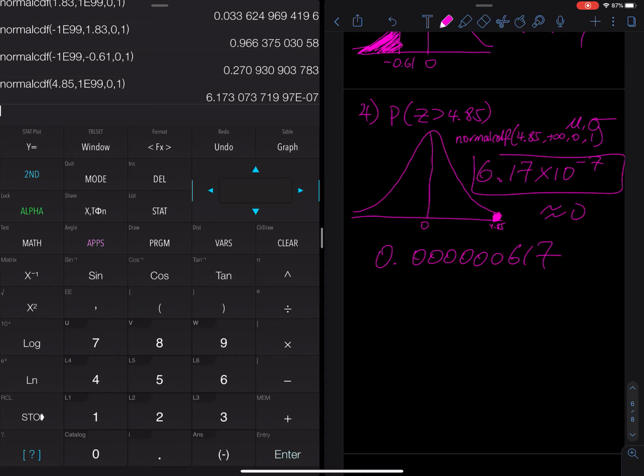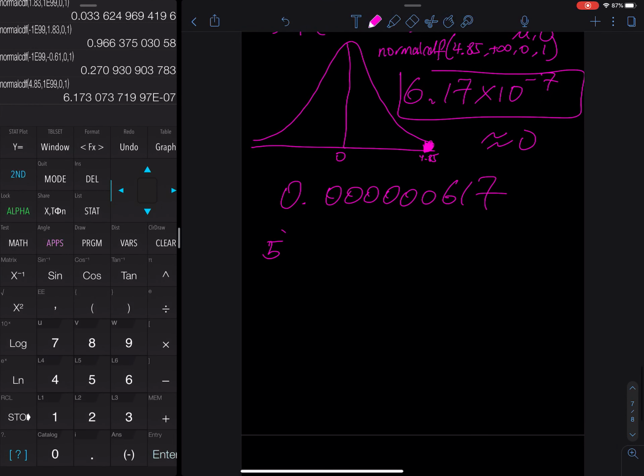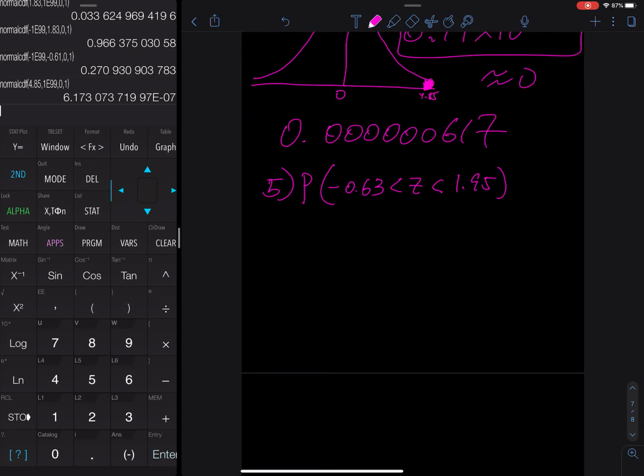The last one, let's do a between. Number 5. Let's do the probability that C is between negative 0.63 and 1.95. So this one you have density curve 0, negative 0.63, and then 1.95.